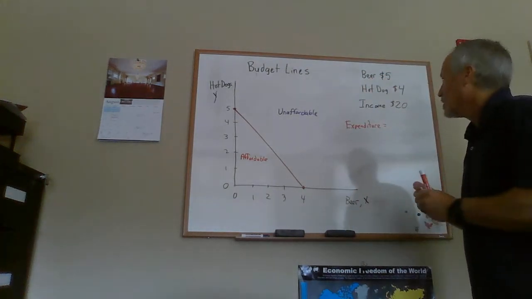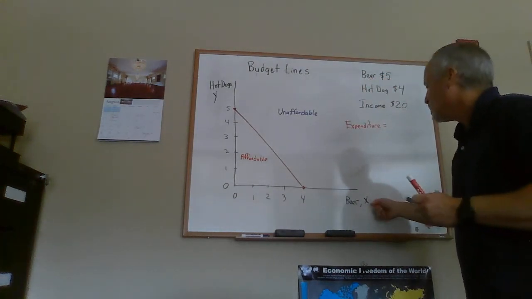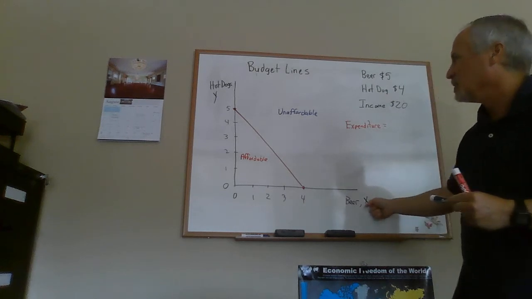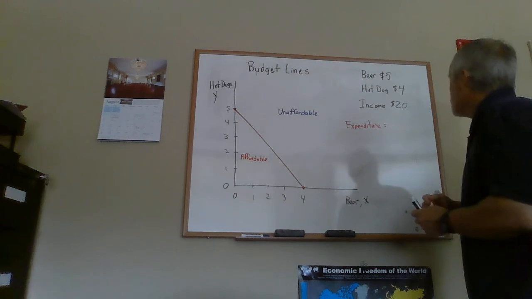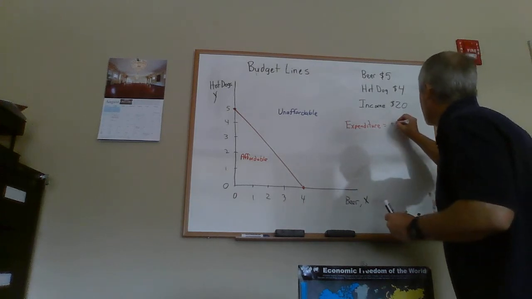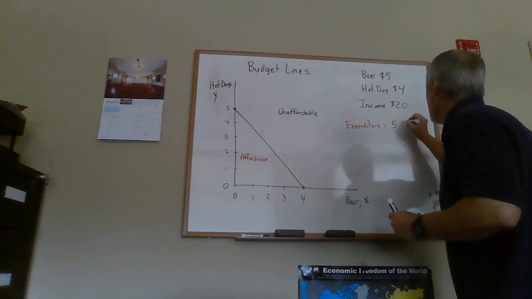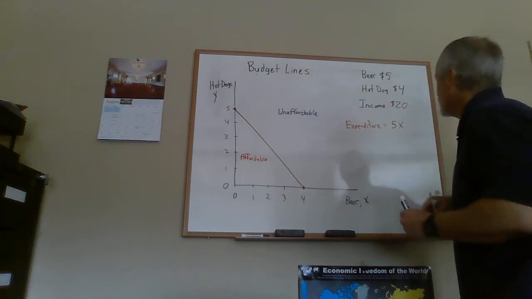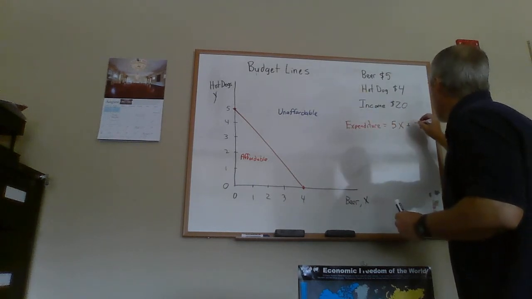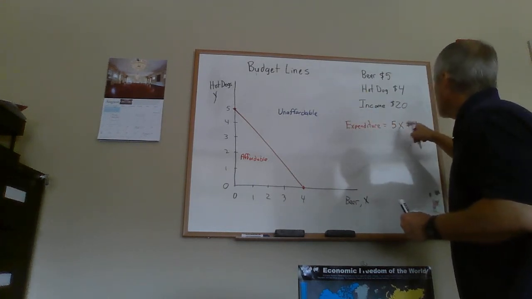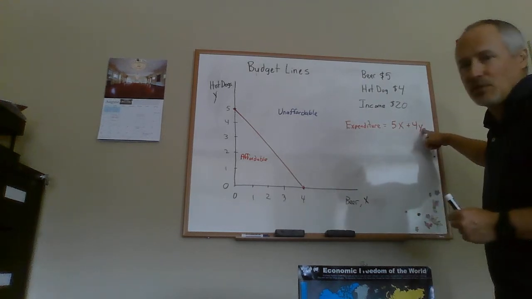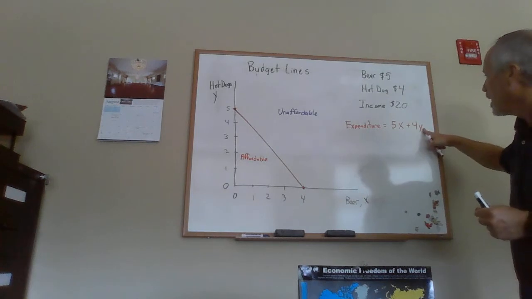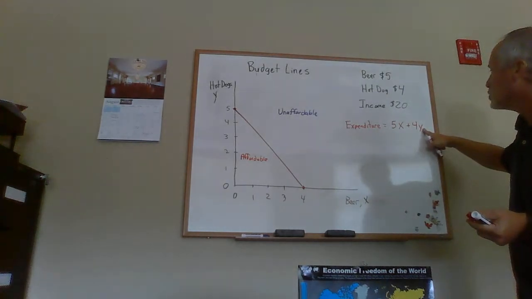So X will be the number of beers you buy, Y would be the number of hot dogs you buy. And we could just apply the prices here, and expenditure of any given bundle in the consumption space would be 5 times the number of units of beer you want to buy, plus 4 times the number of hot dogs you want to buy, and that would give us the total expenditure.